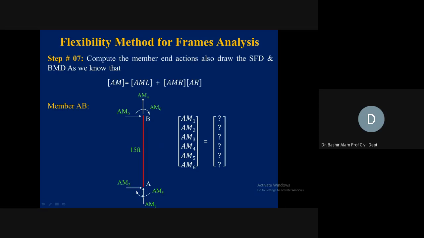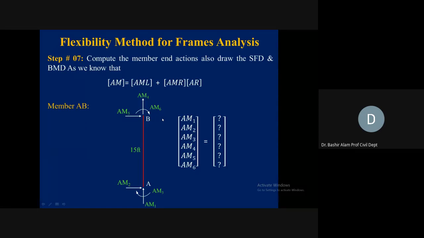So upward, then rightward, and then the moment. This is now my order of AM1, AM2, and AM3. At B now, when we come upward, rightward, and then moment, again that order is followed. So AM4, AM5, and AM6 we have.